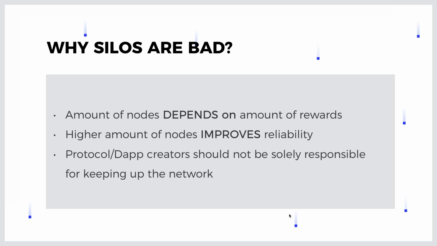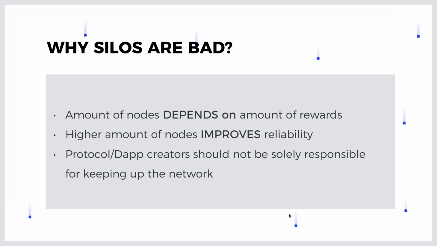And a third argument is that I don't really think that the protocol or DApp creator should be solely responsible for keeping up the network, which in our situation would mean only us providing the nodes for the Ethereum Alarm Clock.